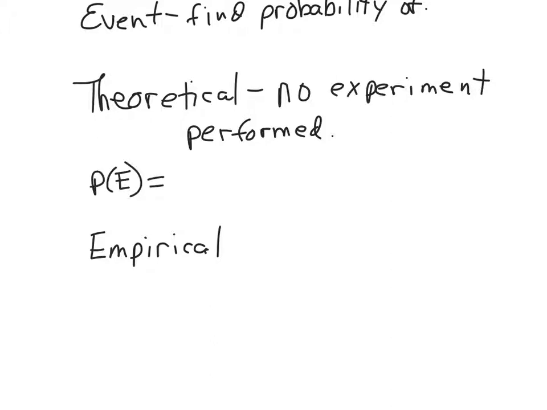P(E), which stands for the probability of an event, is equal to the number of ways the event can occur.